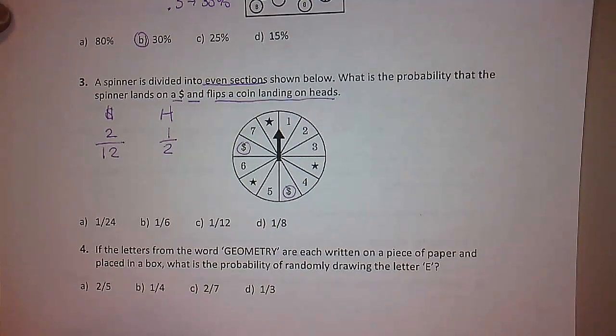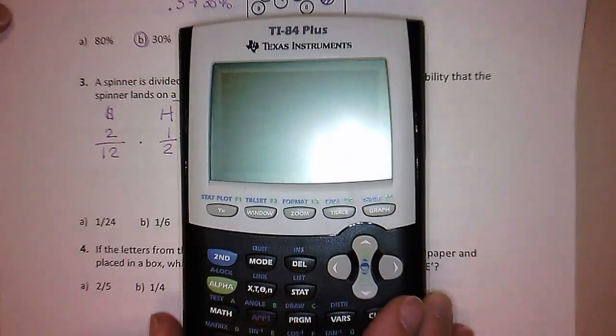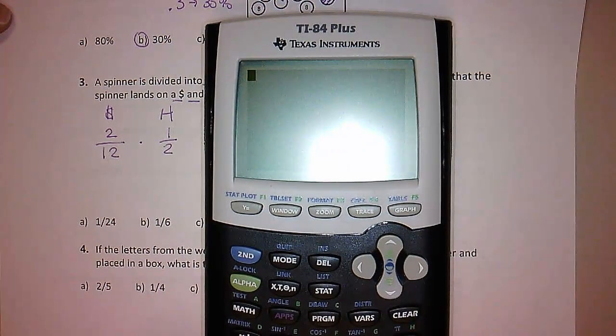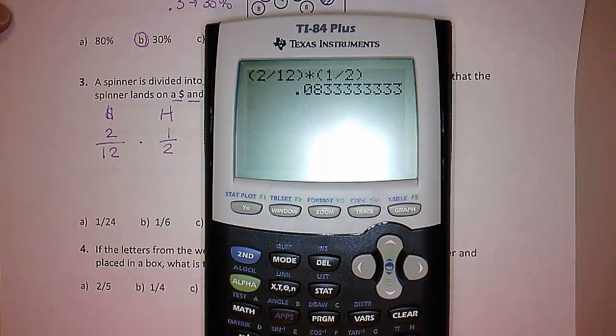Now, if I want the probability of both of these things, and it's independent probability, I'm going to do the same thing I did on number 1, and I'm going to multiply. I'm going to get my calculator out, and I'm going to type in the fraction 2/12, 2 divided by 12, and I'm going to multiply that by 1/2, so in parentheses, 1 divided by 2. I'm going to get my answer.